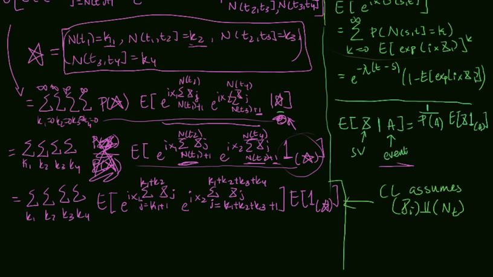Now, the next part, we will utilize that the Poisson process has independent increments.